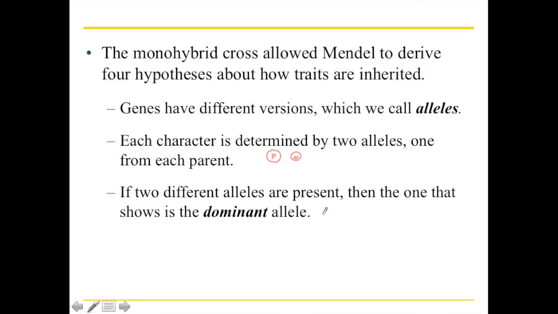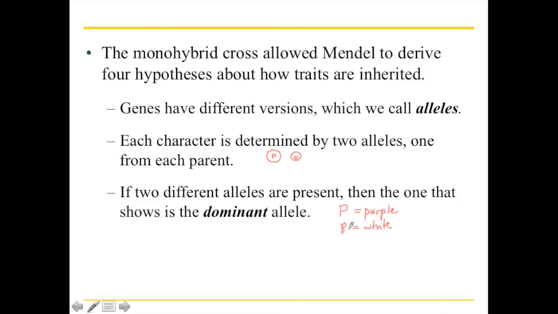Dominant means it is stronger in some way, shape, or form than the other one. So we would say capital P for purple, that's going to be dominant.